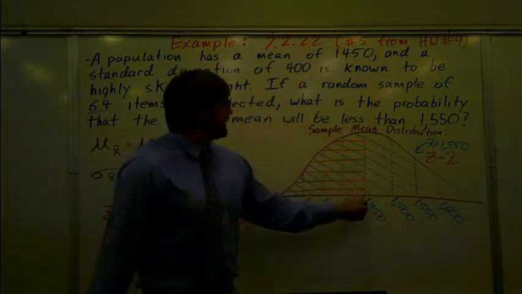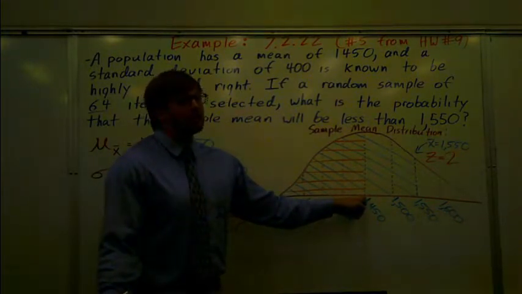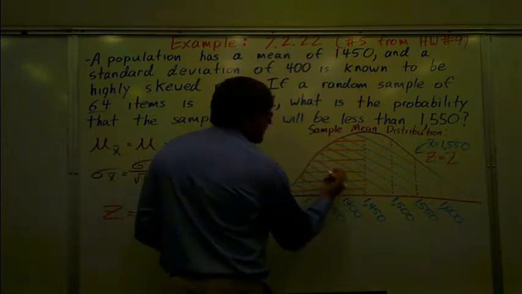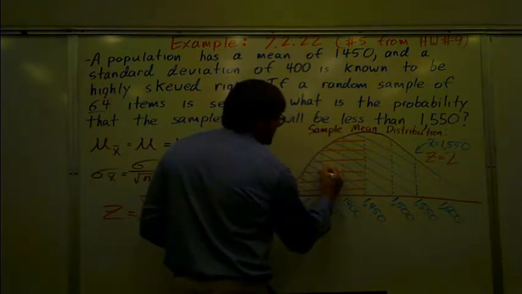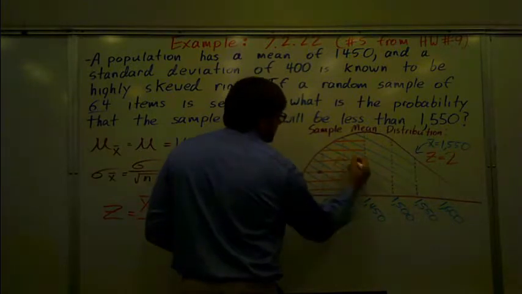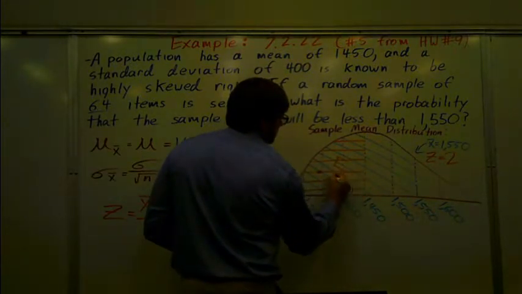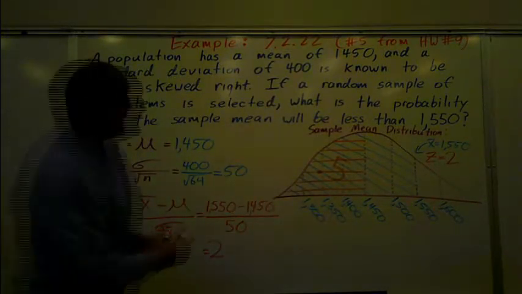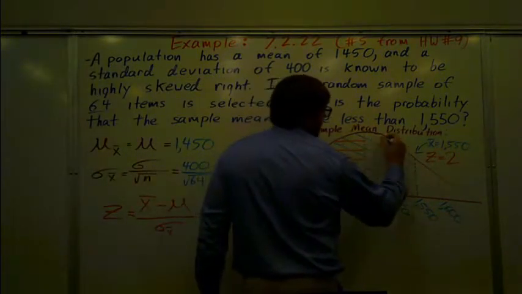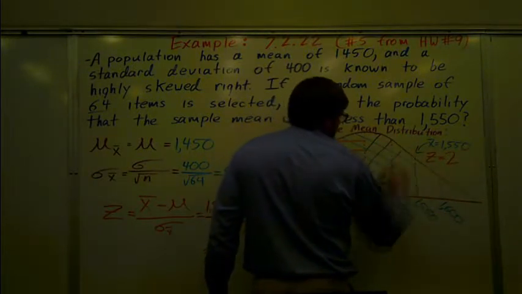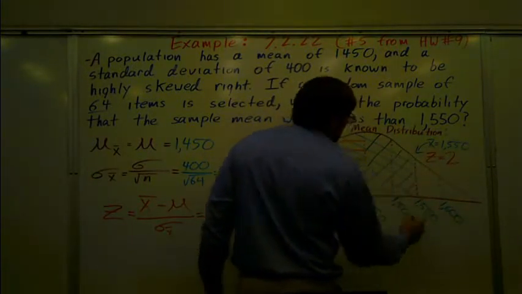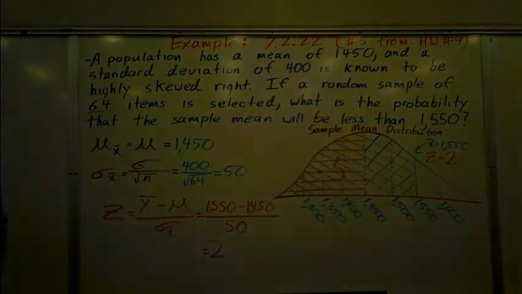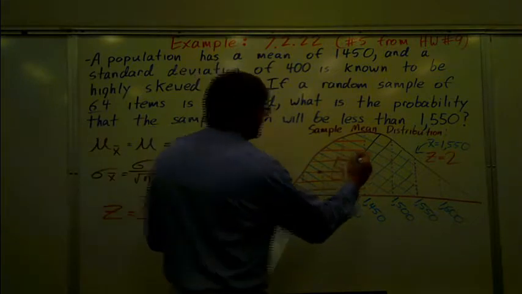The area to the left of 0 is always going to be 0.5 because it's symmetric. And then to calculate the area left over right here, I'm just going to look that up in your z-distribution table. And it says that is 0.4772.